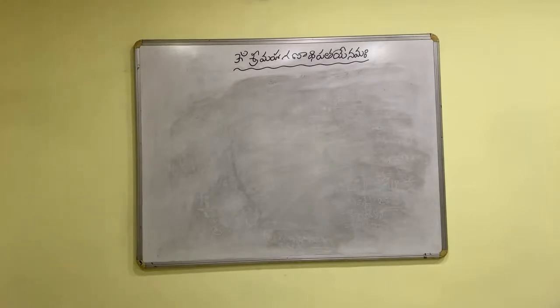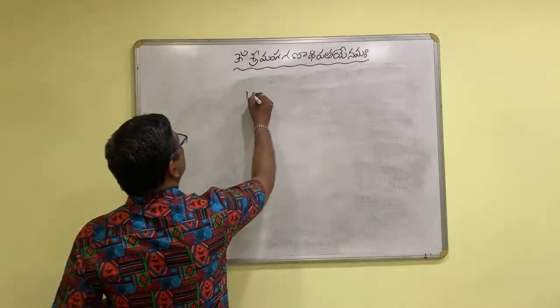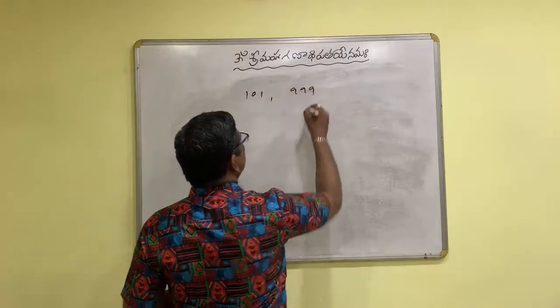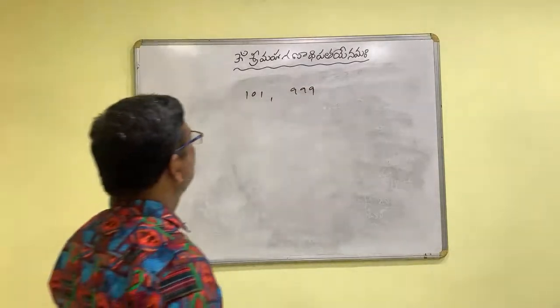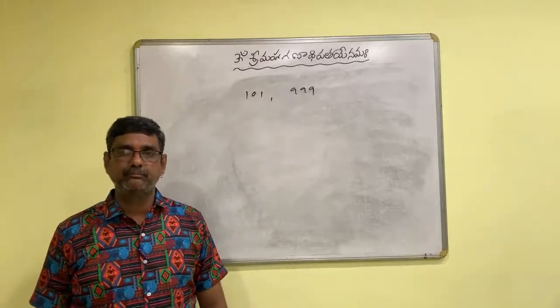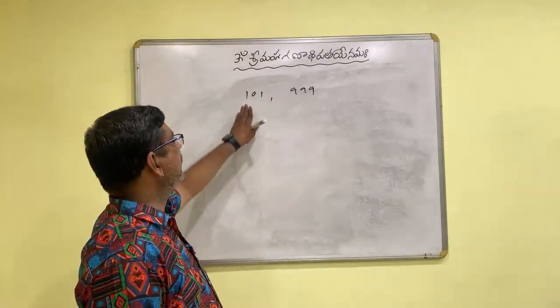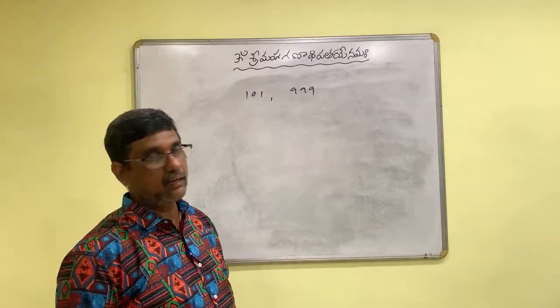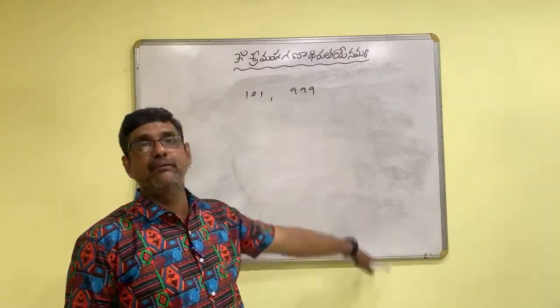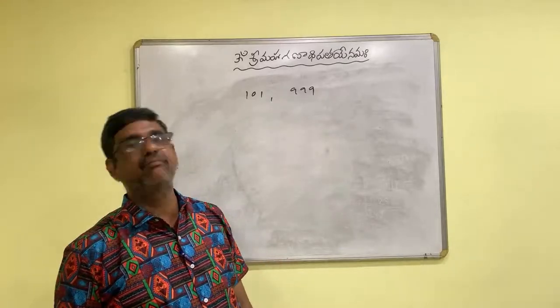How many numbers are there between 101 and 999 which are divisible by both 2 and 5? How many terms are there between 101 and 999 which are divisible by both 2 and 5?